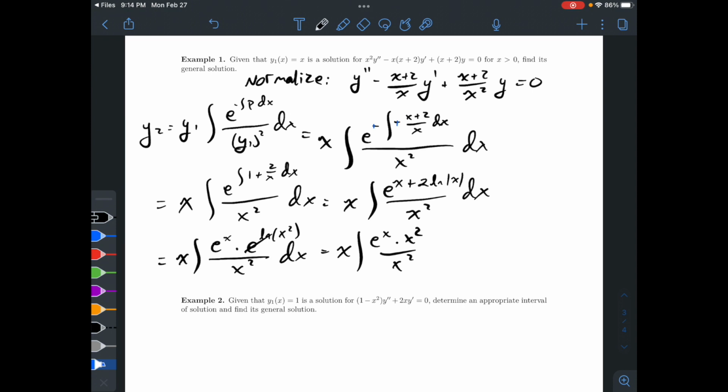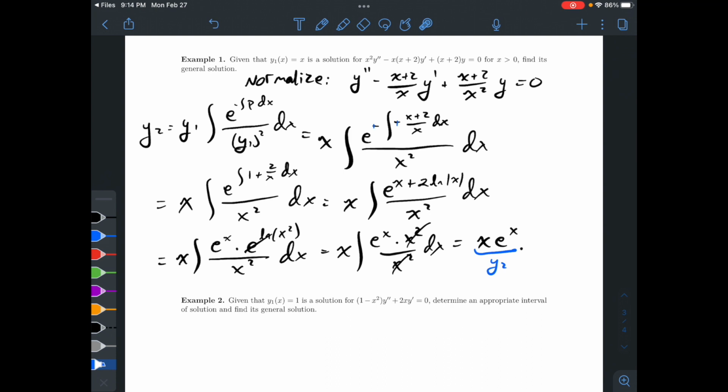So we get e to the x times x squared over x squared. Those cancel out. And then we're just left with the integral of e to the x dx, which is just e to the x. So we get x times e to the x for our final solution for y2. So this is our y2.